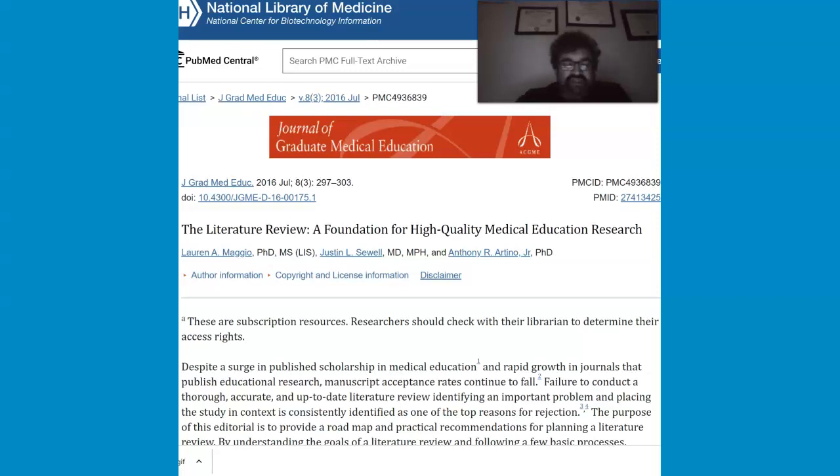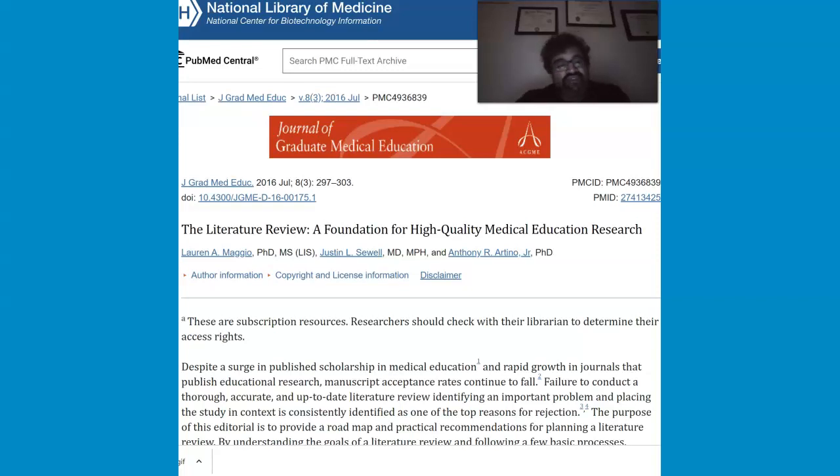While there are similarities between medicine and other fields, for instance, public health, health policy, public policy, nursing, and other areas that have a rich tradition of conducting primary research, there's a misalignment between how literature reviews are conducted in various types of disciplines.